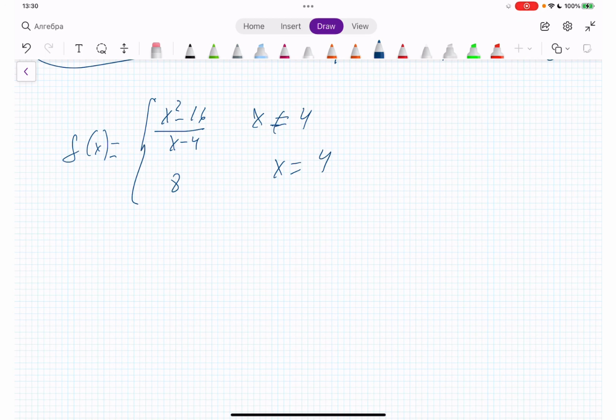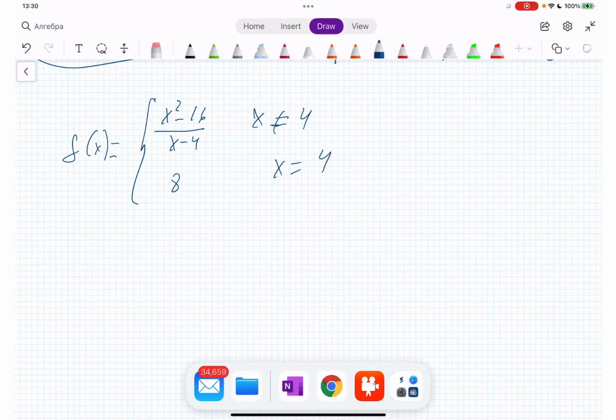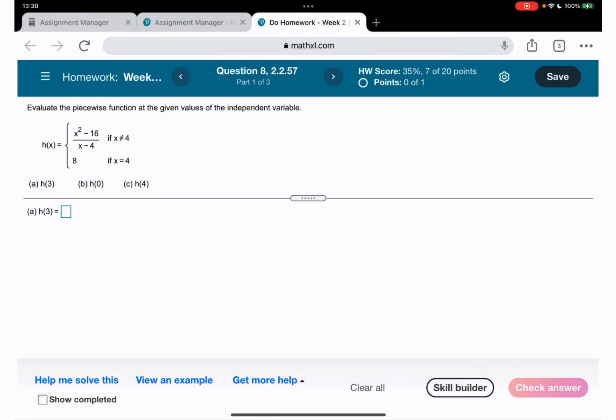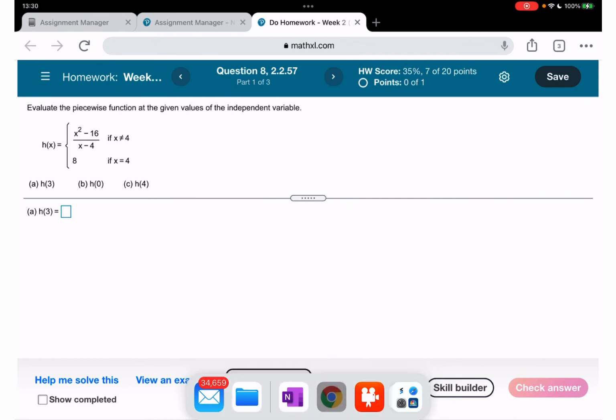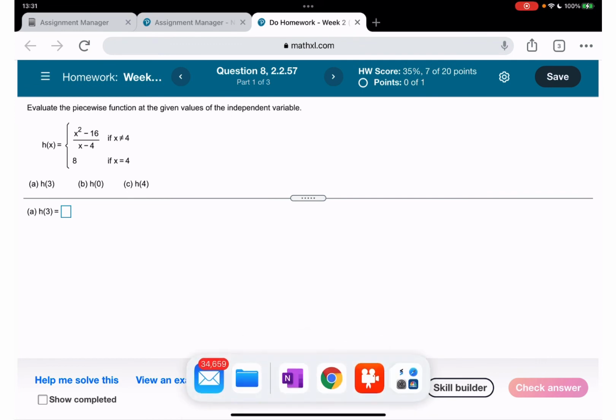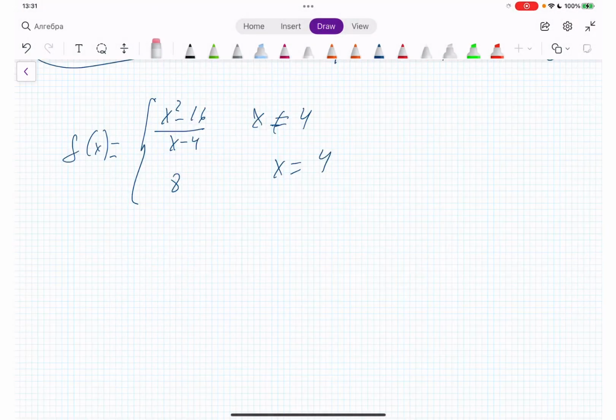So, how are we going to start? First condition is h of 3. Okay, here we have h. Here we have 8, and this condition is not going to work anyhow.